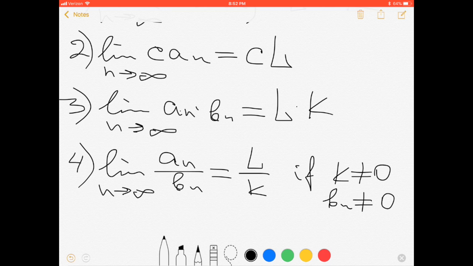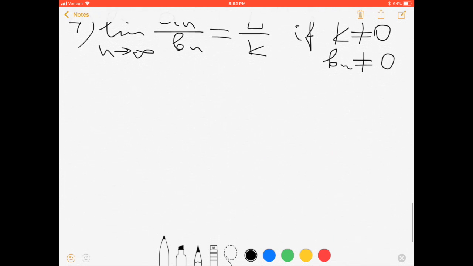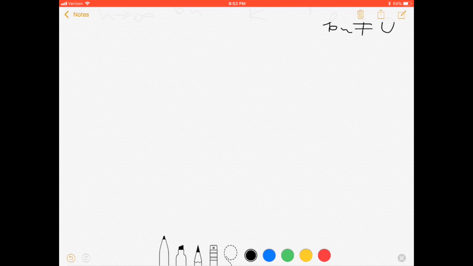And now we have a couple of theorems and definitions about how we work with sequences. First, this will be the squeeze theorem.